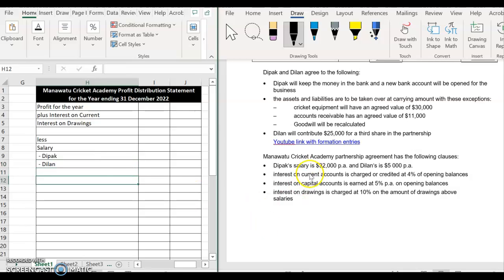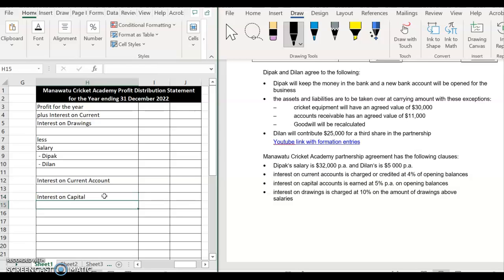Next one down is the interest on current account. And remember, we've already done one up here. They've got a debit balance, so this will be the other partner. Then we've got interest on capital. So write these in.